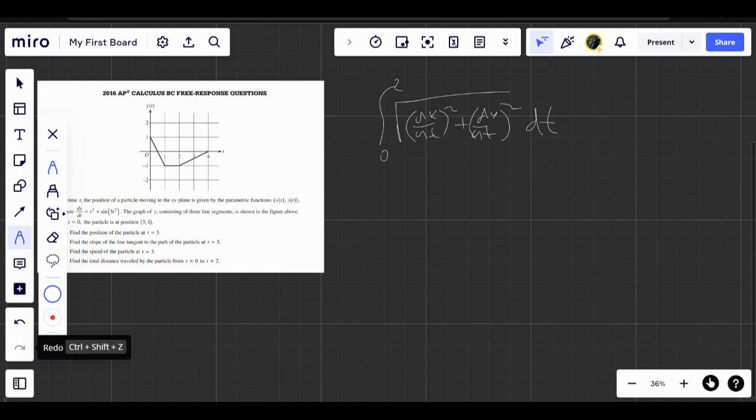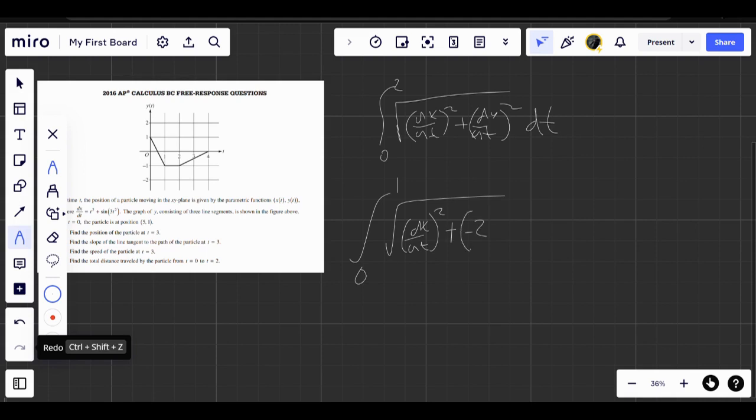But we can just make that into two integrals. So the first integral goes from 0 to 1, and that's the square root of dx dt squared plus dy dt squared, with dy dt in this situation just going to be -2.